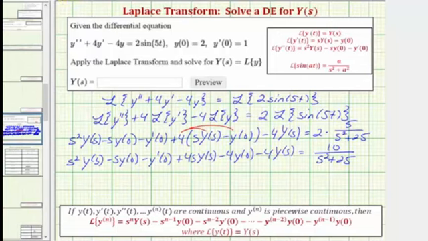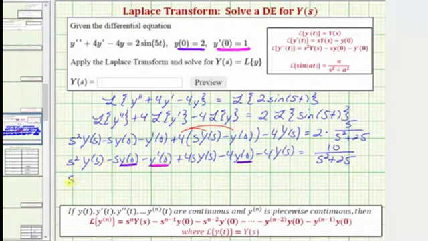Now we'll use the initial conditions and substitute 2 for y of 0 and 1 for y prime of 0. So we'll substitute 2 here and here, and we'll substitute 1 here.